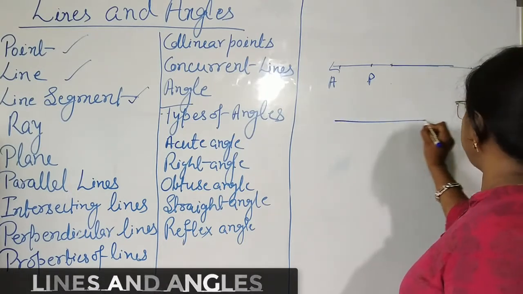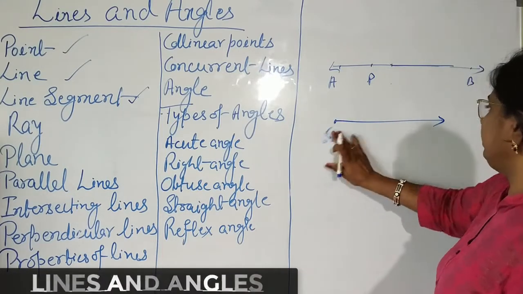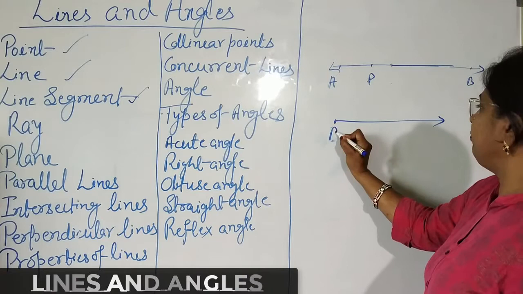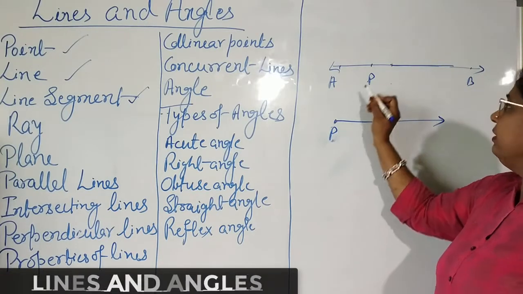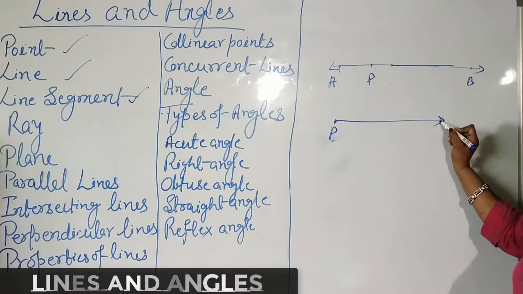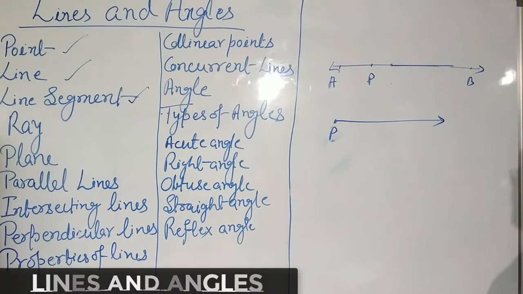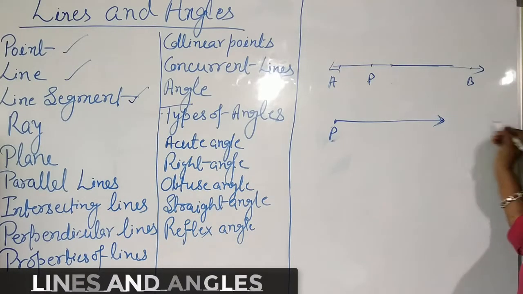Then ray is denoted like this, starting from P. From P, that means initial point is known. One end point only. In ray, one end point, and the other direction is going to infinity. It is endless.